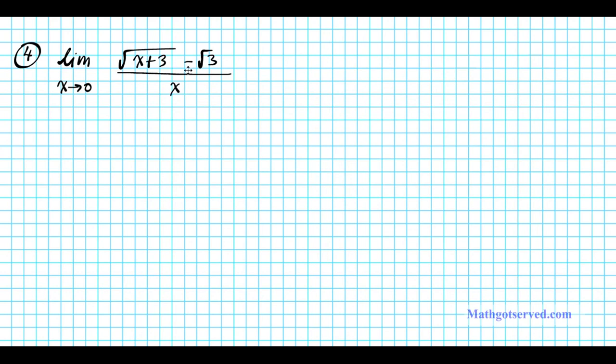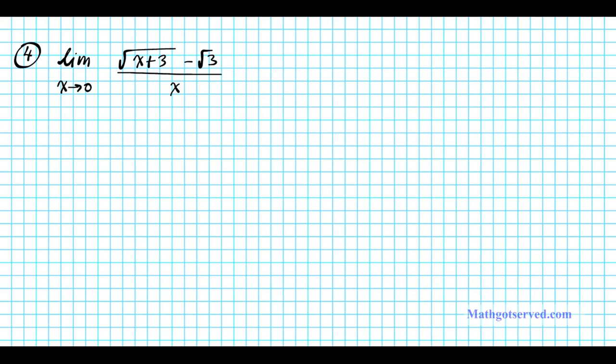So what we're going to do here is see if we can simplify this expression. If you see radicals, the first thing you want to think of, if you cannot evaluate by direct substitution, is rationalization. Can you rationalize the numerator here to see if you can actually cancel out this discontinuity, which will make it removable?